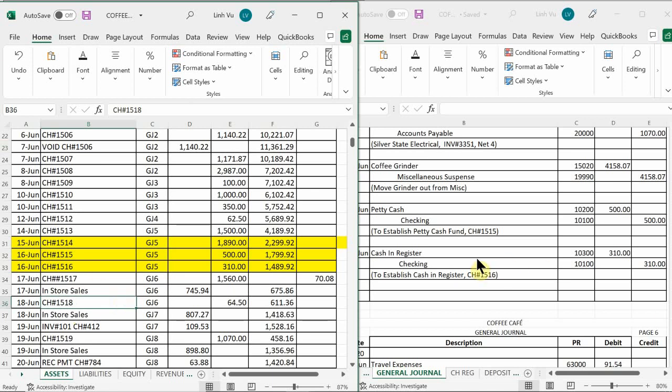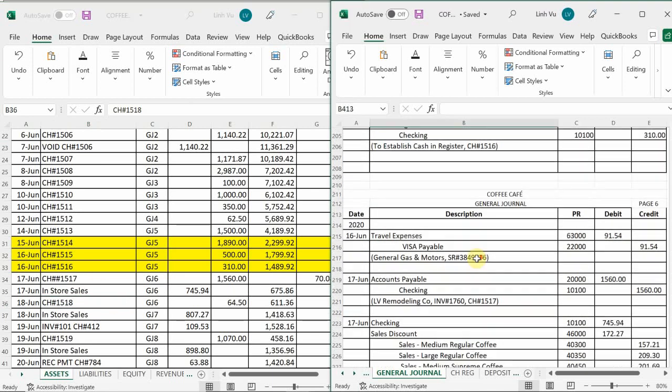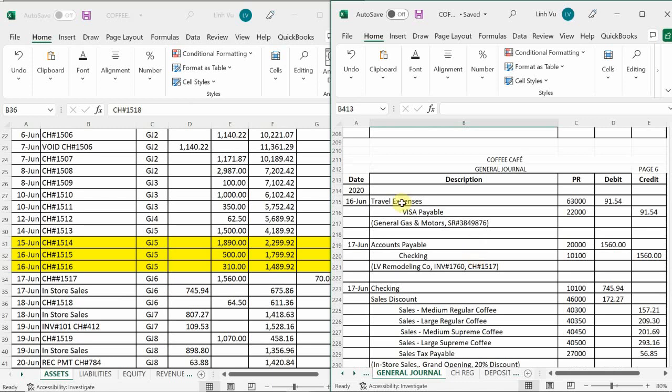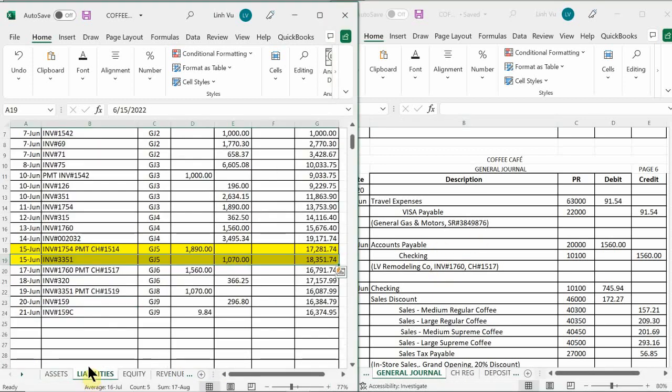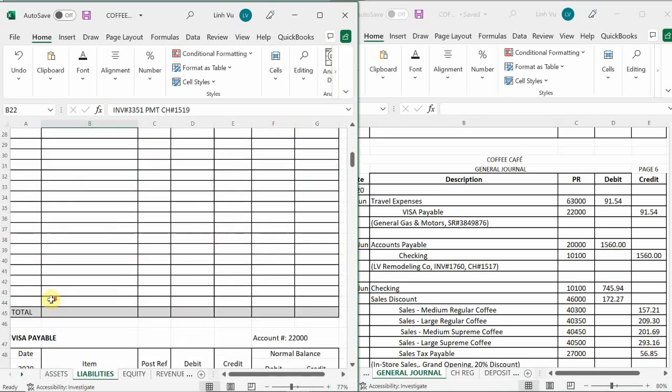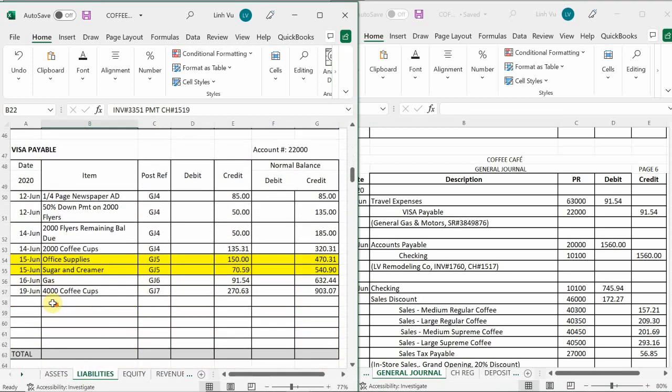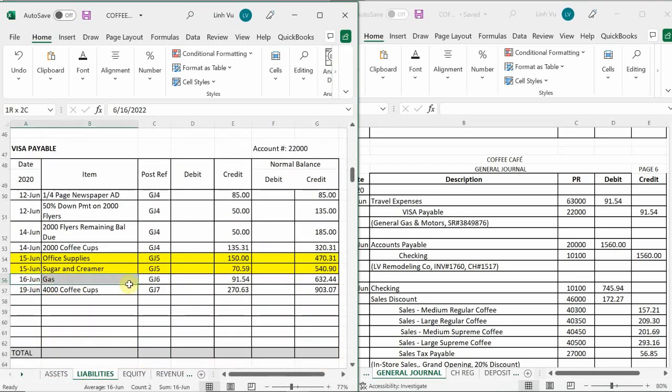So then let's see what's next. Next, I spent some travel expenses for $91.54. I bought some gas and put it on my Visa credit card. Is that true? Let's take a look at my Visa credit card. Yes, I bought gas for $91.54.